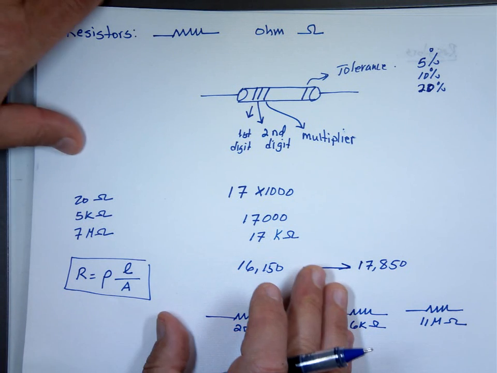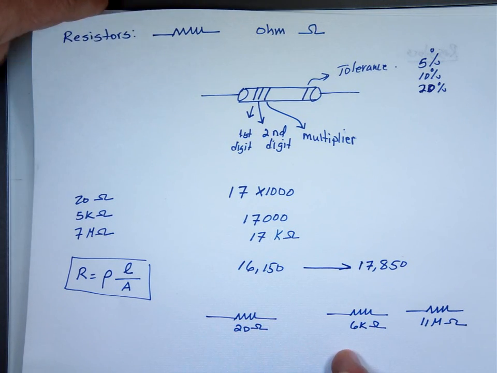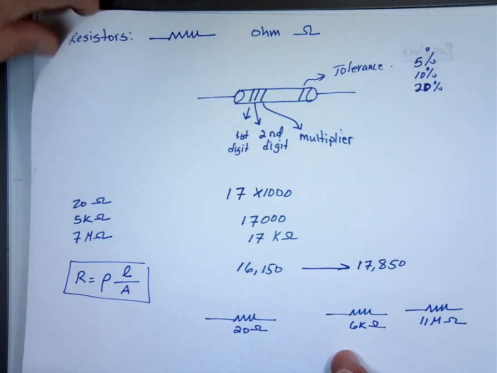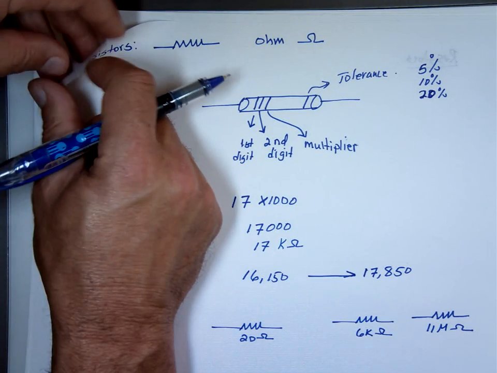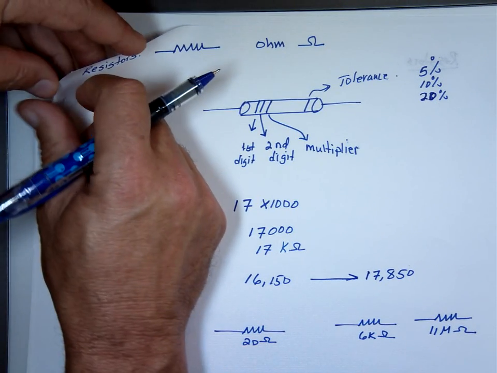So now we know what a resistor is. Let's look at Ohm's law. That's where we use the letter ohm here, or the term ohm. Ohm's law.